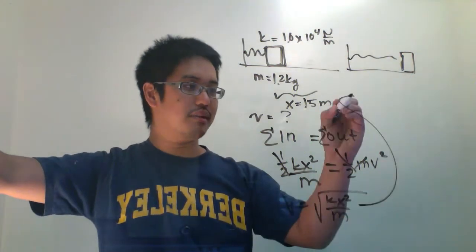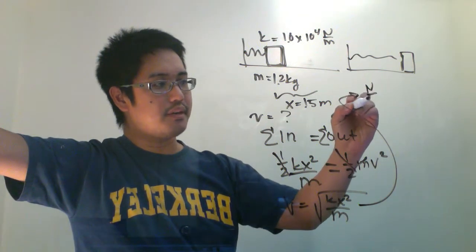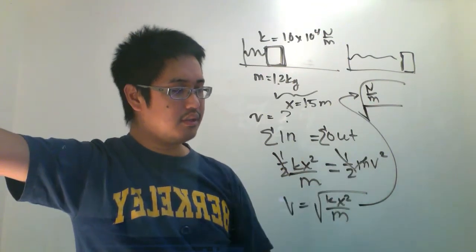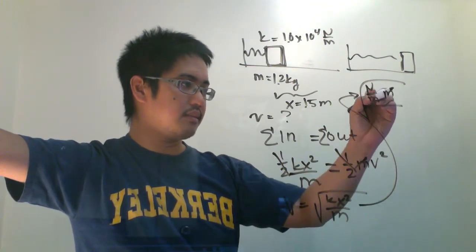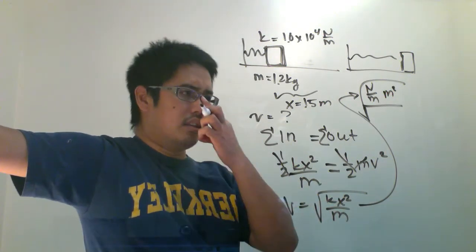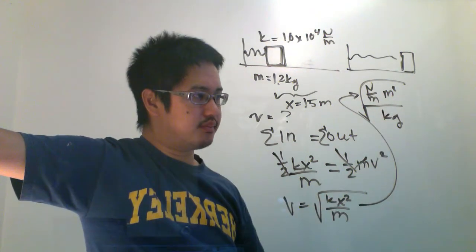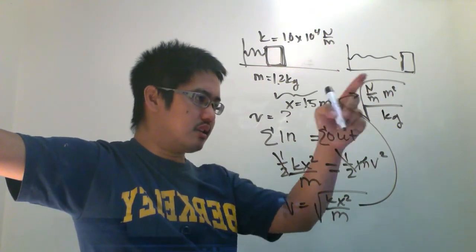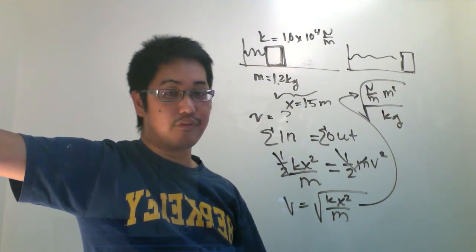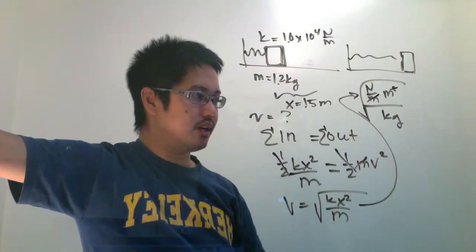Let's take a look at the units to make sure that the units work. The units of k is measured in newtons per meter, right? The units for x is measured in meters, so that's a meter squared because I have x squared down here. The units for m is measured in kilograms. This meters cancels out with that meters, okay?